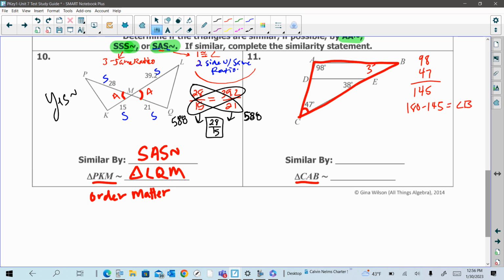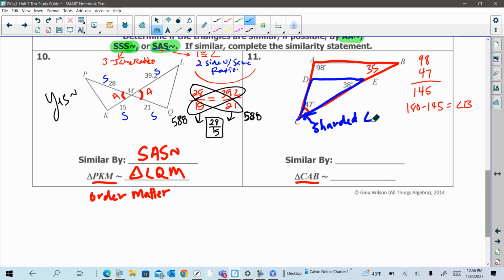So 35 is there. Well, I know of the two triangles, this is the whole triangle, the large triangle. And then the other triangle is the C to D to E, the smaller triangle right here. The one thing that they have in common is C. Angle C is a shared angle.